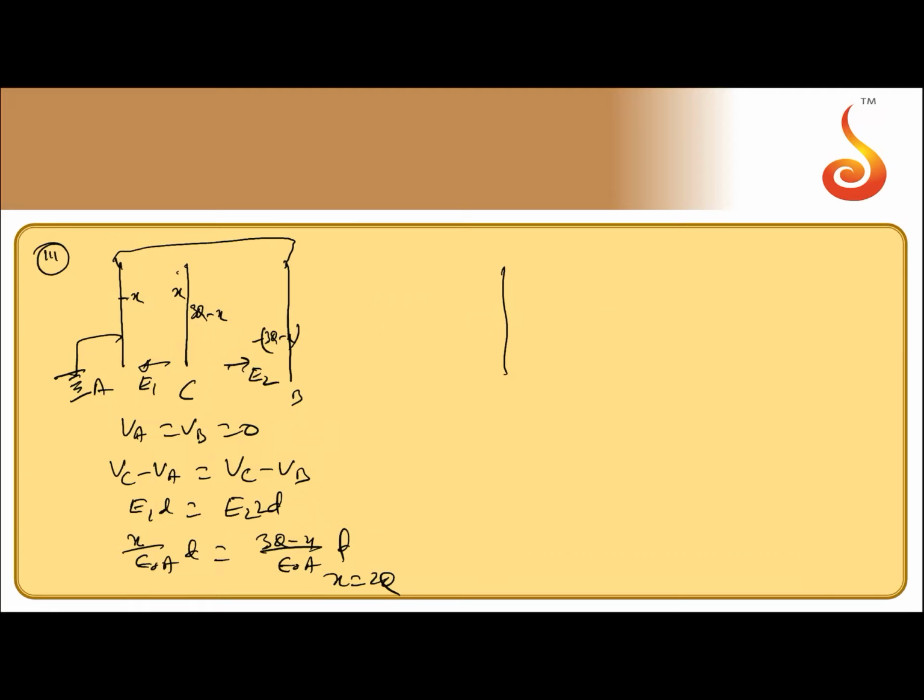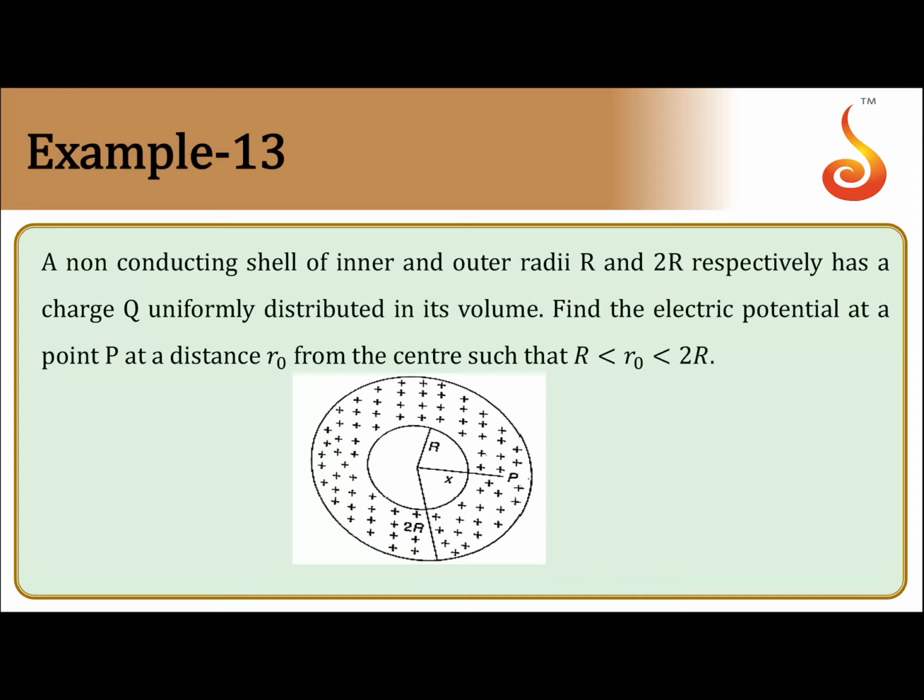So final situation is like this. Minus 2Q plus 2Q, Q minus Q, 0, 0.